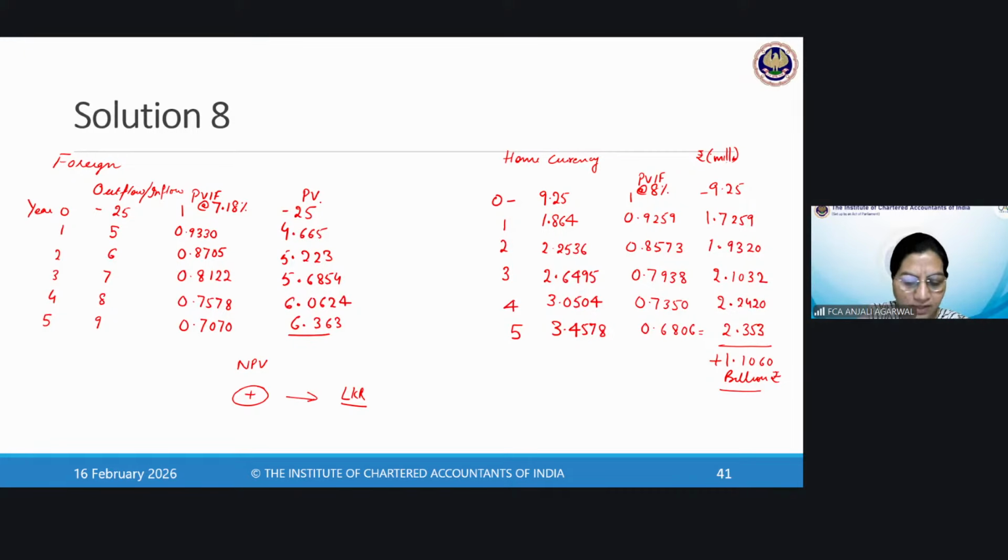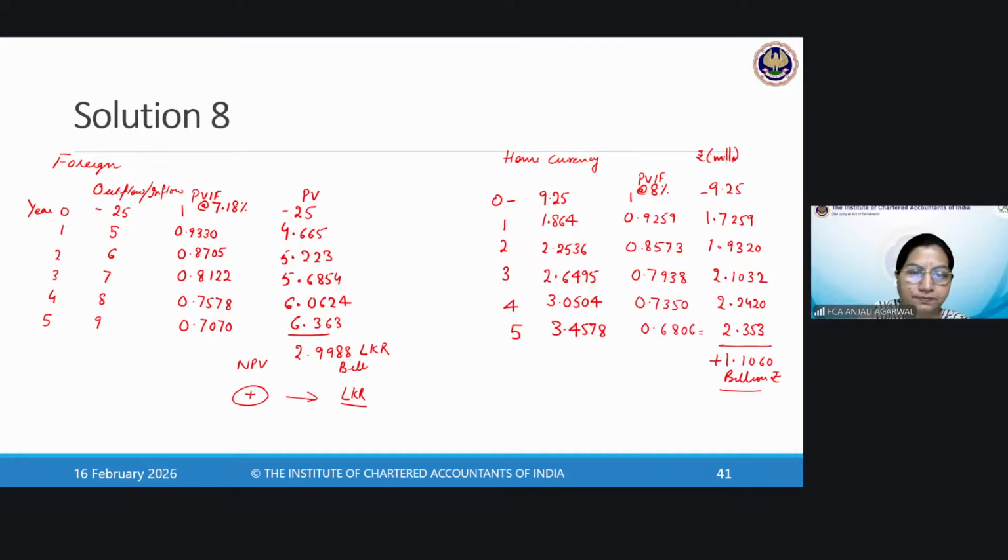So if you add all the inflows, the present value of all the inflows gives you 27.9988 minus 25. So 2.9988 Sri Lankan rupee in billions.